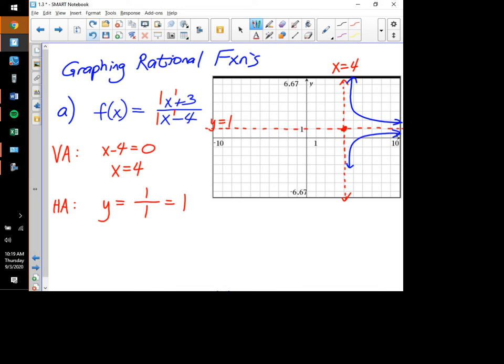The answer is no. That is not possible, because this is a rational function, and functions must pass the vertical line test. And if I draw something in both the top right and the bottom right, right there I see 2 points of intersection. This graph, this relation, fails the vertical line test, and it's not a function.